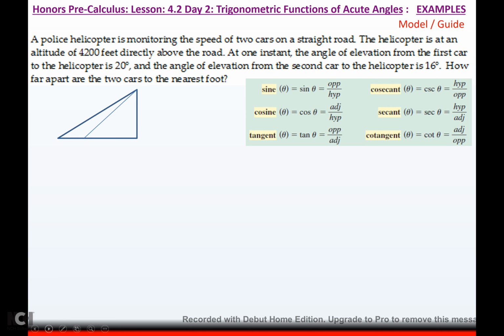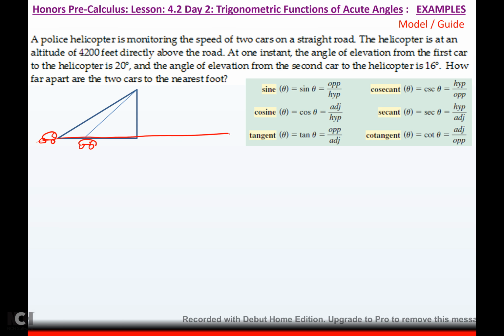Alright, this one says a police helicopter is monitoring the speed of 2 cars on a straight road. So you've got a car here, and you've got a car here. Don't make fun of my car. Okay. It says the helicopter is at an altitude of 4,200 feet directly above the road.